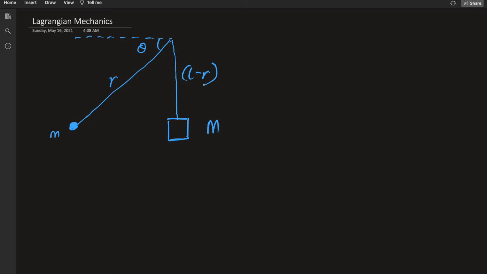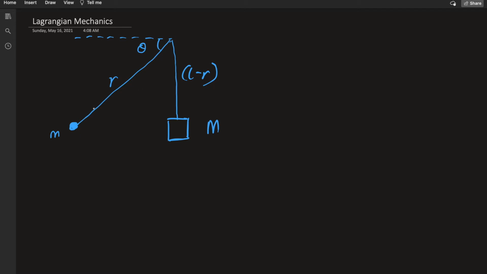So let me first explain the setup we have here at hand. We have this mass, small m, connected to the center point with a string of length r, and this capital mass M is connected with a string that has length L minus r, where L is some constant, the sum of the two lengths.